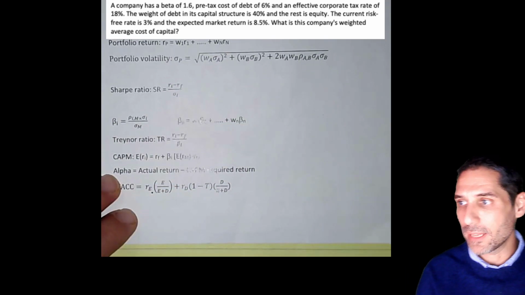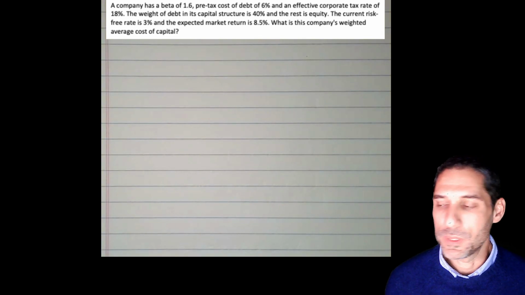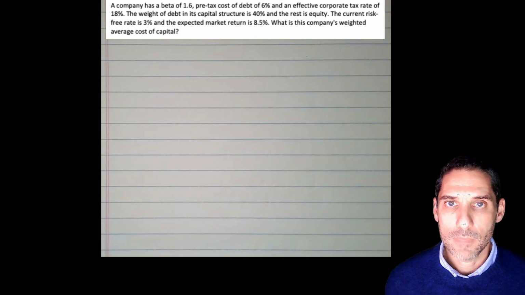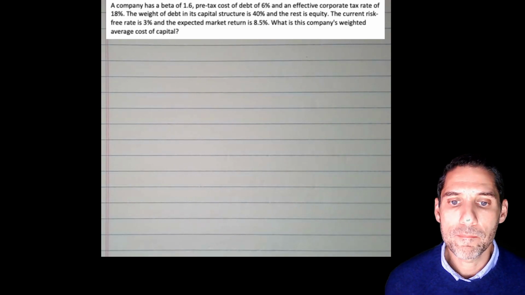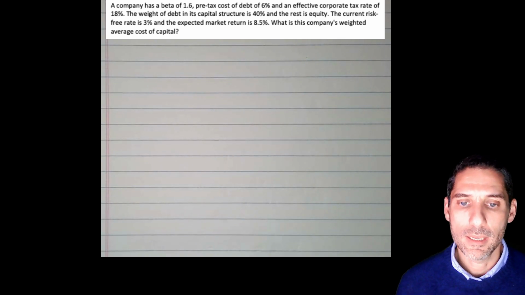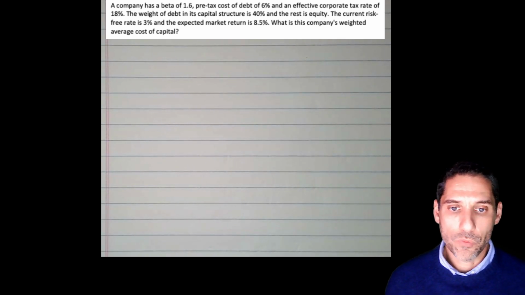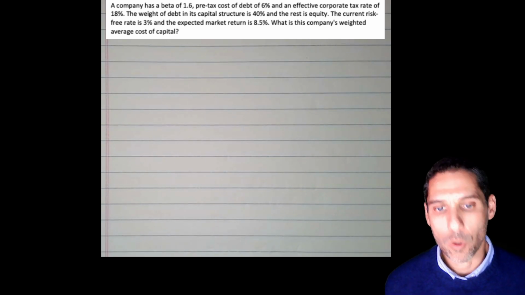Okay, so that's WACC. So here's a question. A company has a beta of 1.6. That will be used to calculate CAPM expected return, which is cost of equity, right? So this is above average risk, so cost of equity will be relatively high. Pre-tax cost of debt of 6%. So again, think of it as the interest rate it would have to pay on new borrowings.